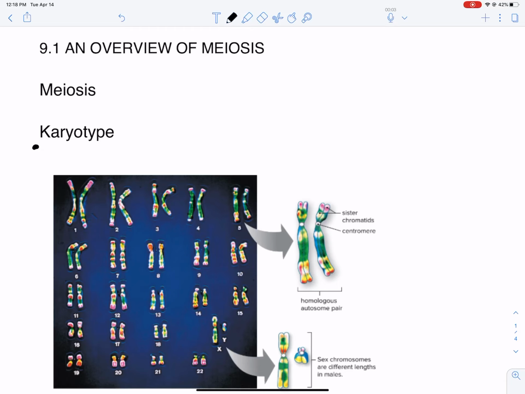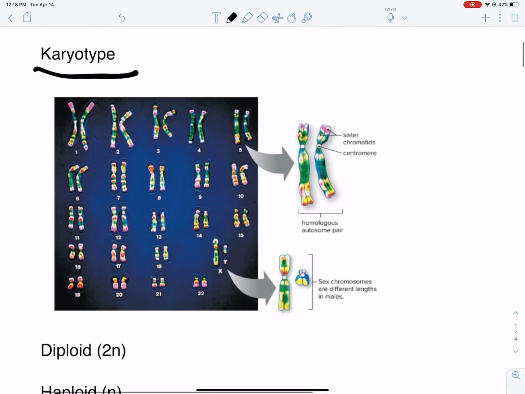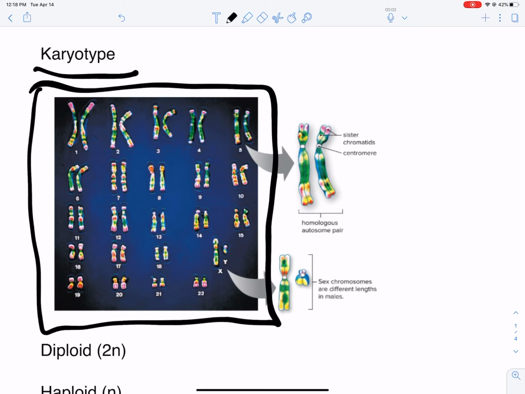A karyotype is a picture of your chromosomes. Here is an example of a karyotype right here.